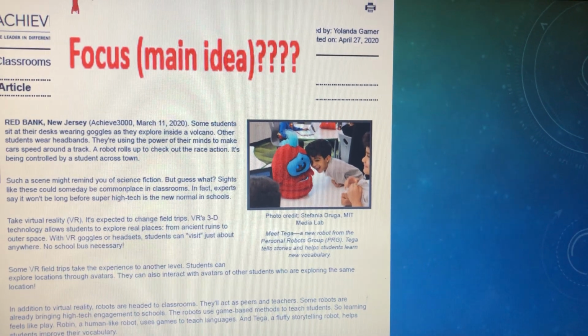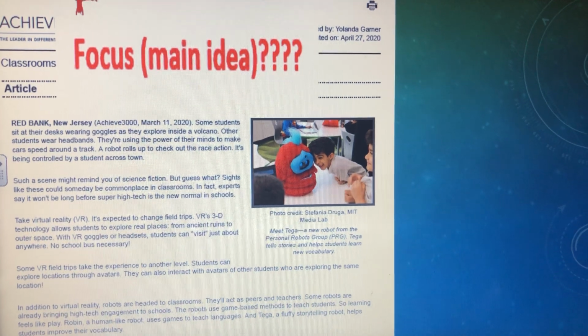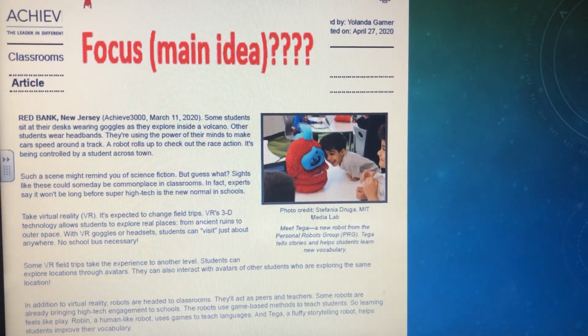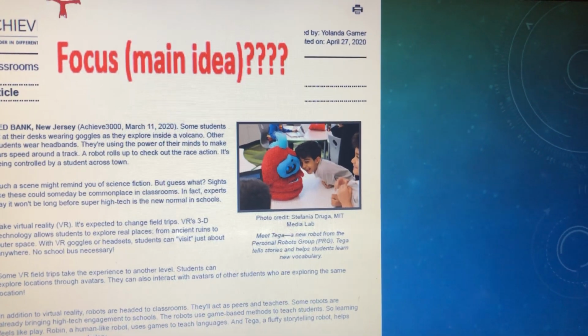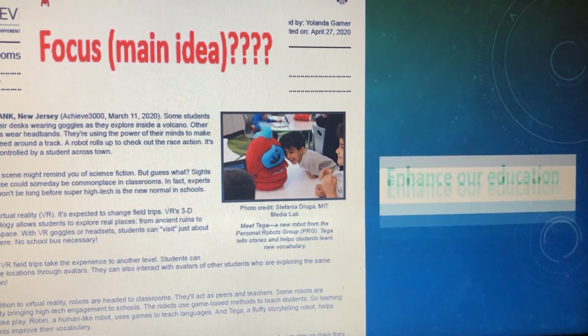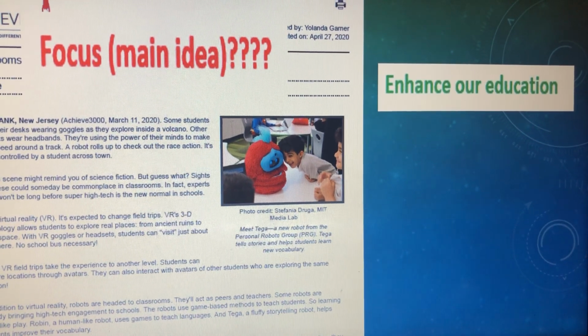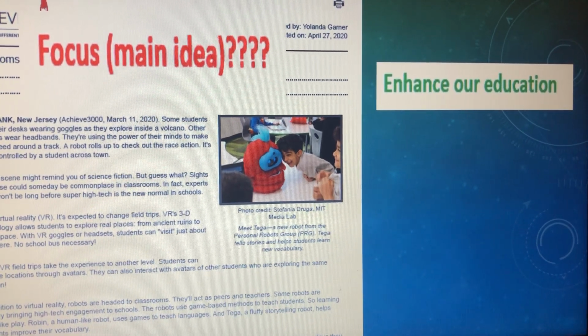So when I think about this, I got to think closely, and I got to use a lot of clues from what I read, because I know that this is going to be a part of my thesis statement. So after reading this, the first thing that I thought about with main idea was that the author was trying to tell me that the main idea is that robots enhance our education. So that's one way of saying it, right?